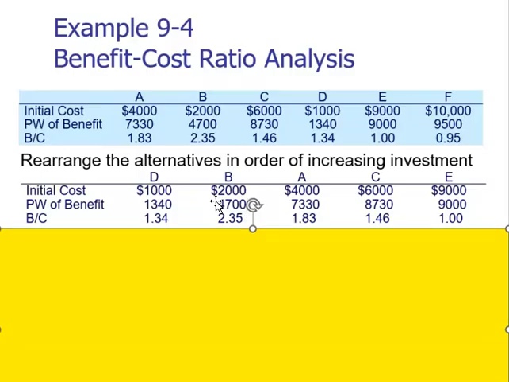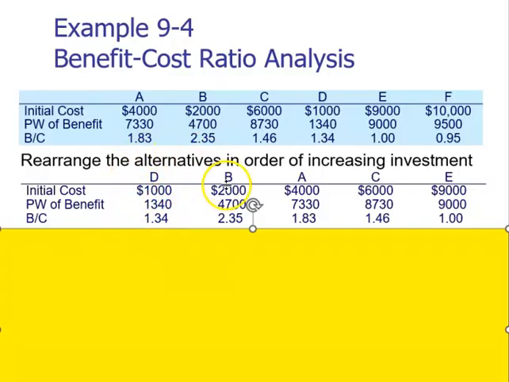Okay, from this part on, I want you to stop the video and try to apply incremental analysis according to the things you learned. So what you are going to do is first get the benefit over cost of the cheapest one, that is the 1.34, so it is acceptable, so it's going to be the defender.